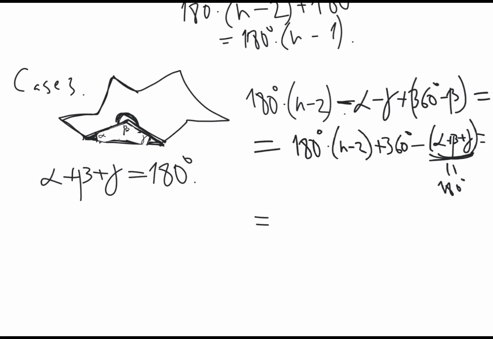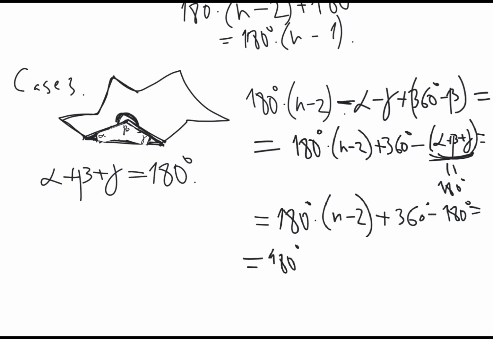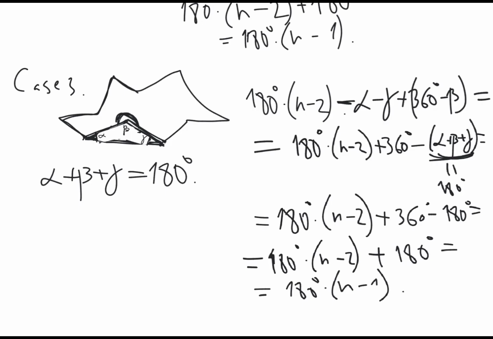So in total we have 180 times n minus 2, plus 360 minus 180. This is equal to 180 times n minus 2, plus 180, and this is equal to 180 times n minus 1. So this is exactly what we need. So this concludes the proof.